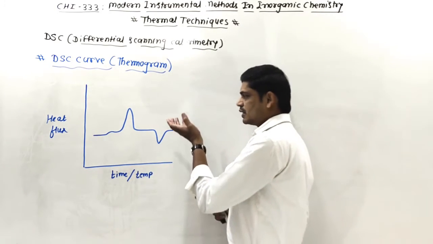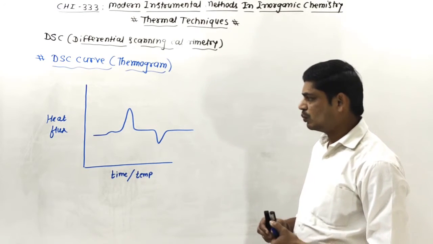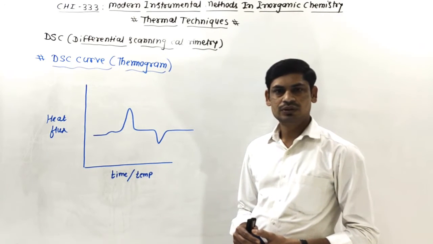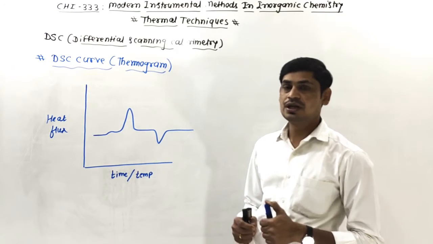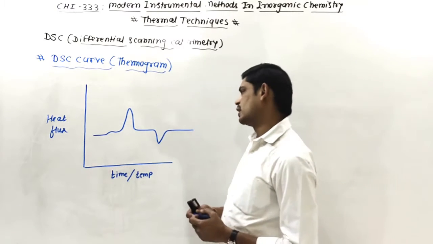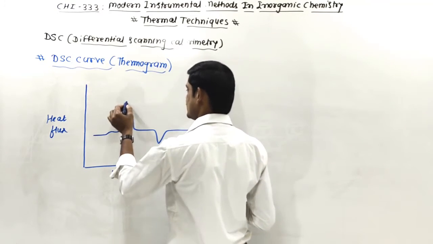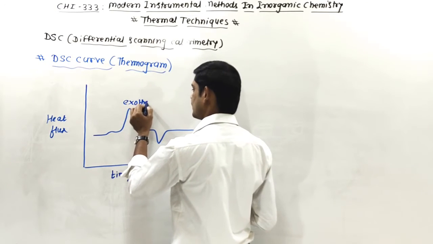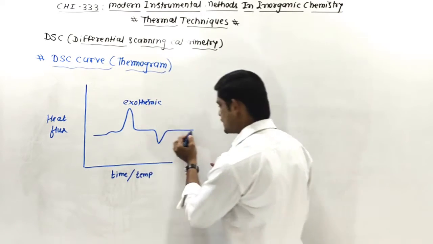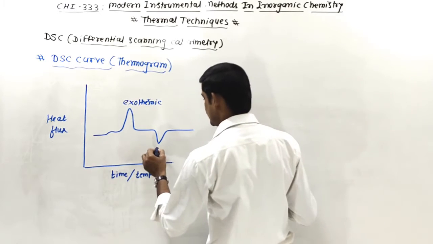The upward peak indicates that more heat will be required to keep the temperature difference constant for the sample material, and it indicates that the corresponding process is exothermic, whereas the downward peak indicates that the corresponding process is endothermic.